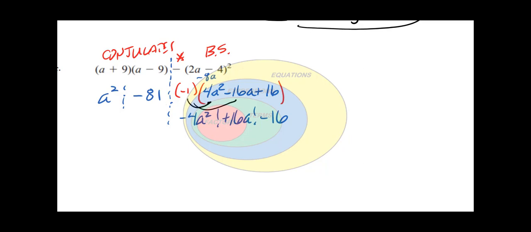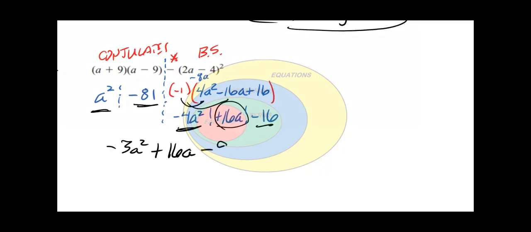Now we can collect like terms. We have an a squared and a negative 4a squared. That gives us a negative 3a squared. Looks like I only got one a term, so that'd be a positive 16a. And then negative 81 and negative 16, when we add those together, we get a negative 97.